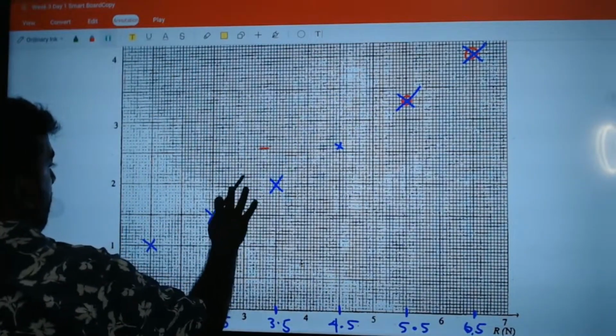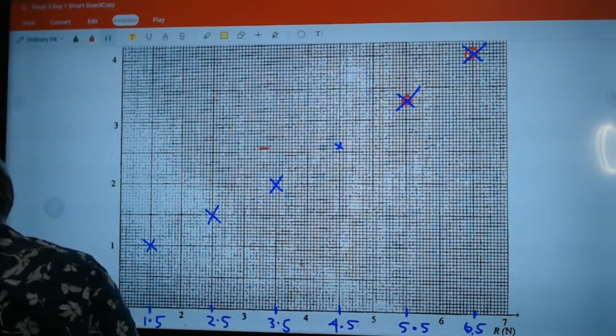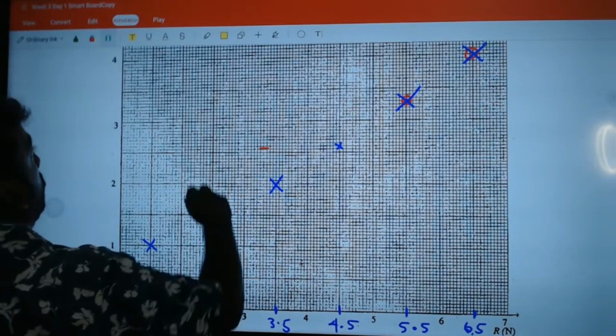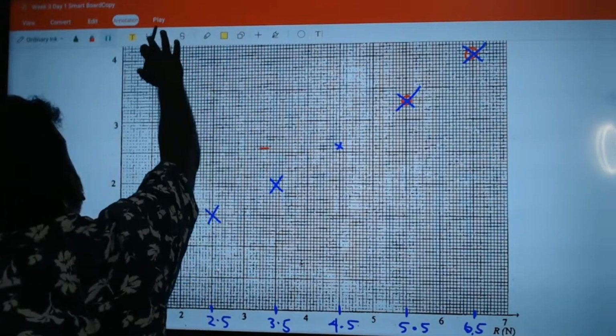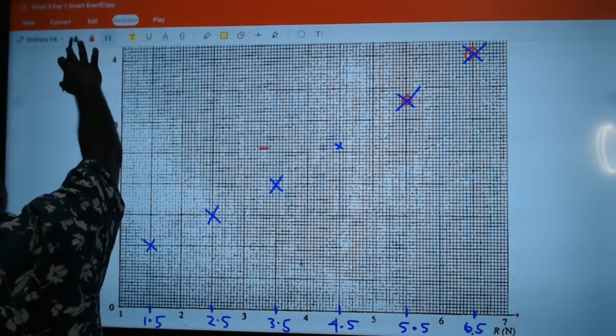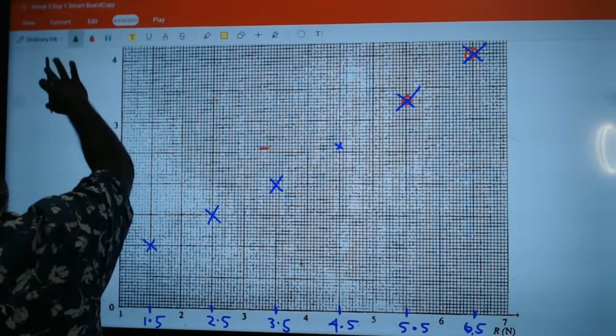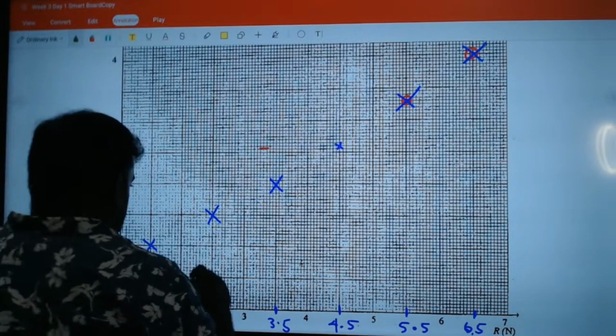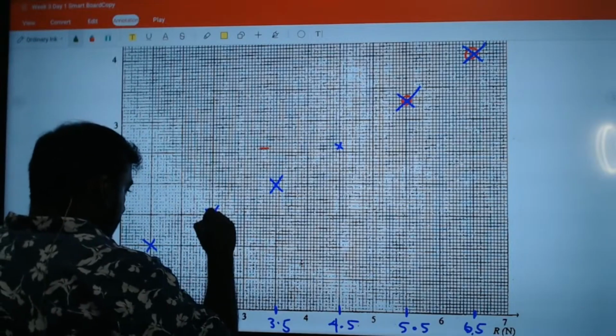Here if you draw it, use the ruler tool. Must keep a ruler and draw.